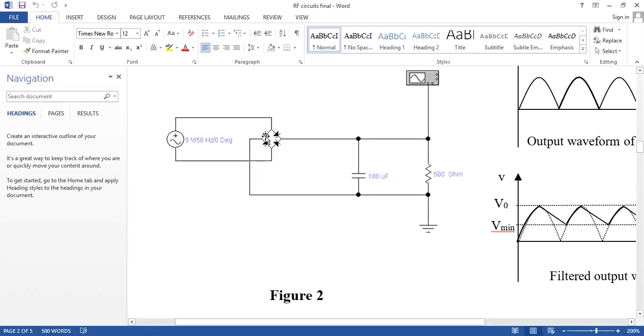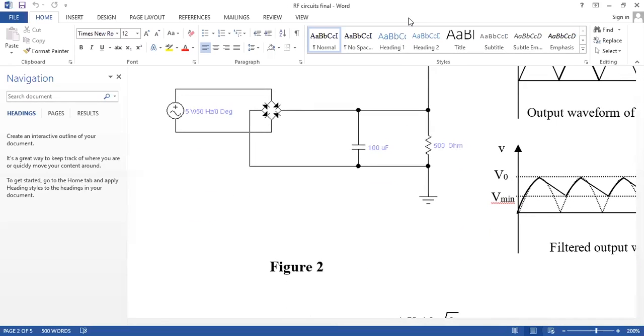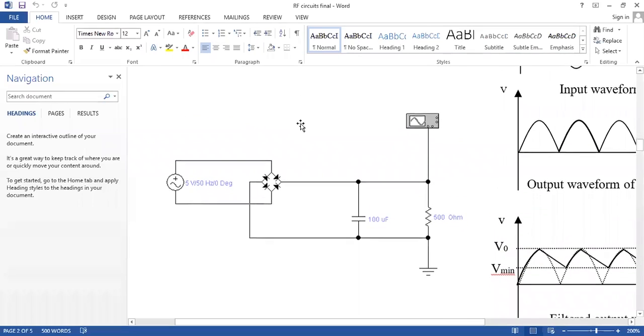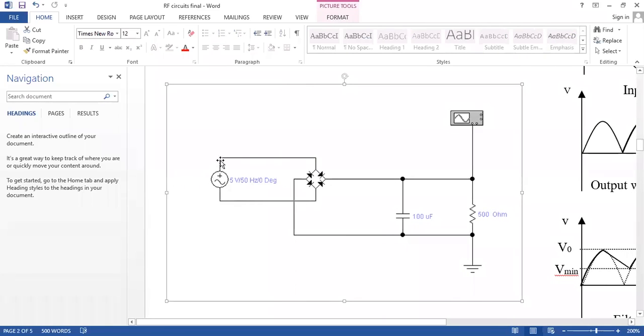For the full wave rectifier, the current will flow from plus to these diodes. If we consider D1, D2, D3, D4, D1 and D3 should be forward biased for the first half cycle. In the second half cycle, the polarity will change, and D2 and D4 should be forward biased and D1 and D3 reverse biased. This is the output waveform, the input and output waveforms.